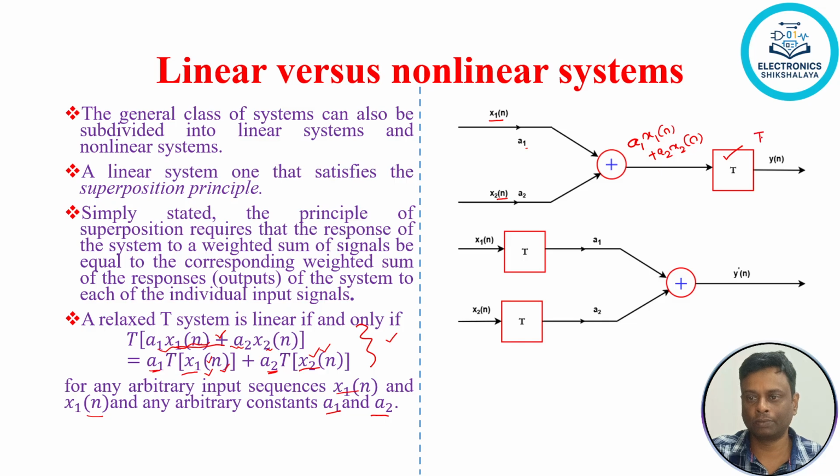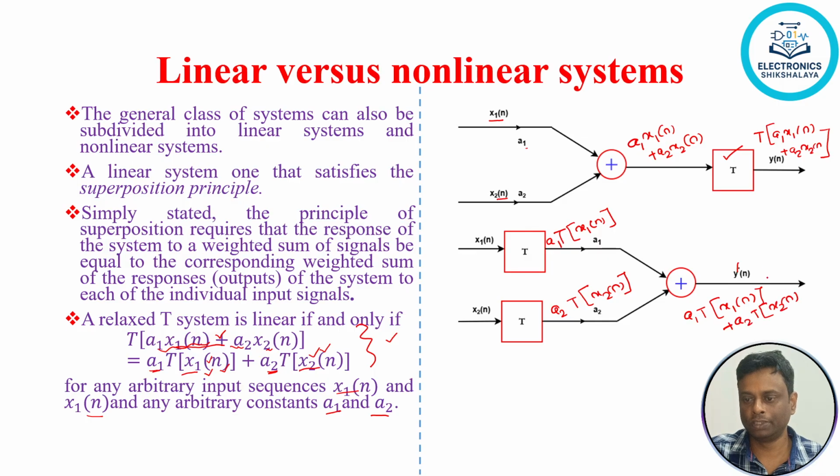The output is the transformation of a1 x1 of n plus a2 x2 of n. Similarly, in the other path we apply the individual input signals: the output is the transformation of x1 of n multiplied by a1, plus a2 times the transformation of x2 of n. This is y prime of n, a1 T of x1 of n plus a2 T of x2 of n. If these two are equal, then it is called a linear system.